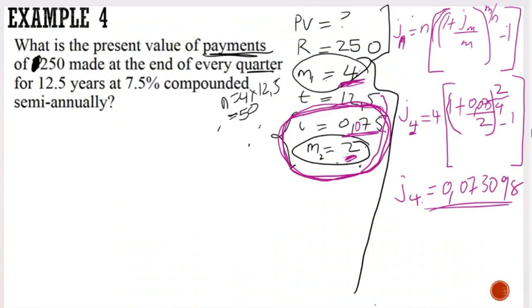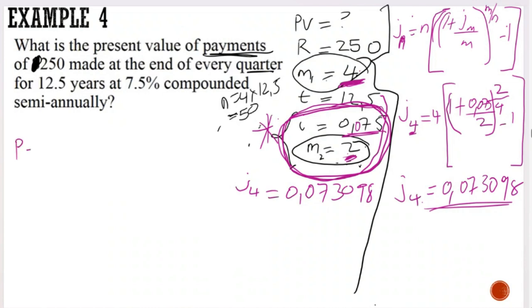So now that you've got this one, you are no longer going to be working with this. The interest rate you're going to be working with here is 0.073098, compounding quarterly. You just take this and put it into your calculator or your formula.